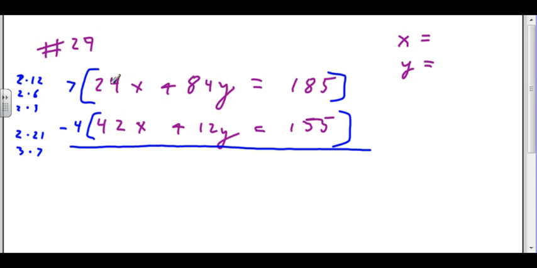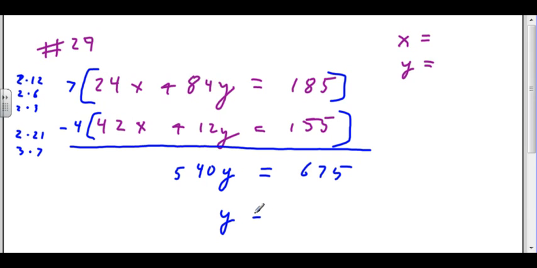I'll do substitution here. Okay, so I got the x's go away. So I got 7 times 84 minus 48, 540y equals, I've got 7 times 158 minus 4 times 155, 675.